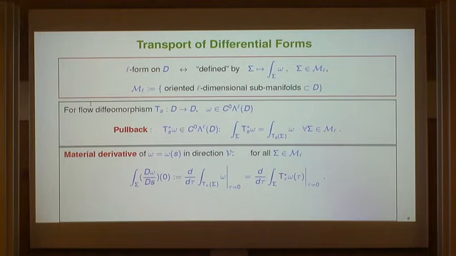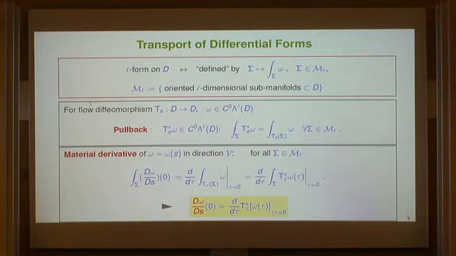So this is the material derivative, and here what I've used is just the definition of the pullback. So the material derivative can be rewritten now, since this integral is over the same test surface, and since all test surfaces are admitted, both integrands have to agree, and this gives the definition of the material derivative.